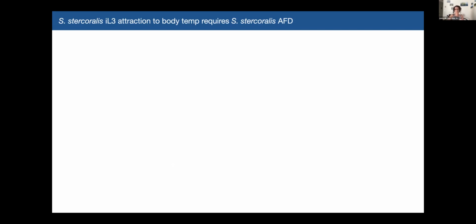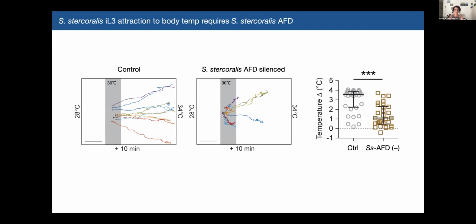Then I used a chemogenetic silencing technique to test if AFD activity is required for IL-3 heat seeking. And it is. You can see here that worms in which AFD has been silenced don't engage in positive thermotaxis as much as the control worms.